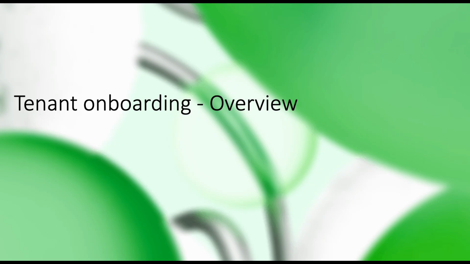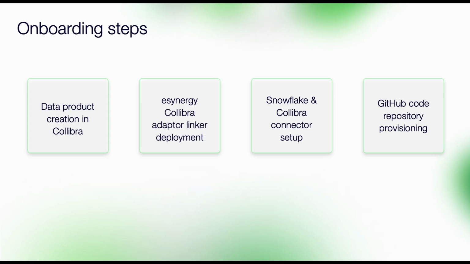The first step in this demo is the onboarding of a new data product, which involves several key actions. This includes creating the data product in Collibra, deploying the esynergy Collibra Adaptor linker as a background schedule job to automatically find and link logical and physical metadata, setting up Snowflake by creating necessary databases and schemas, and configuring the Collibra connector for Snowflake to ensure proper synchronization of the physical metadata within Collibra.